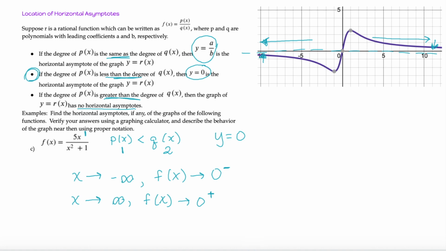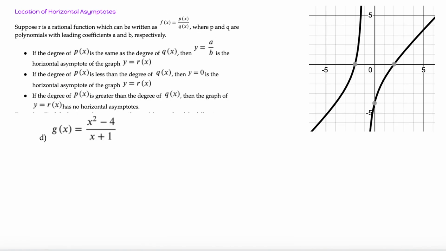One more example. Let's see how this works. Here we have x squared minus 4 over x plus 1. When I'm looking at my numerator, I notice that p of x has a degree of 2, and q of x has a degree of 1, and we know that 2 is greater than 1.